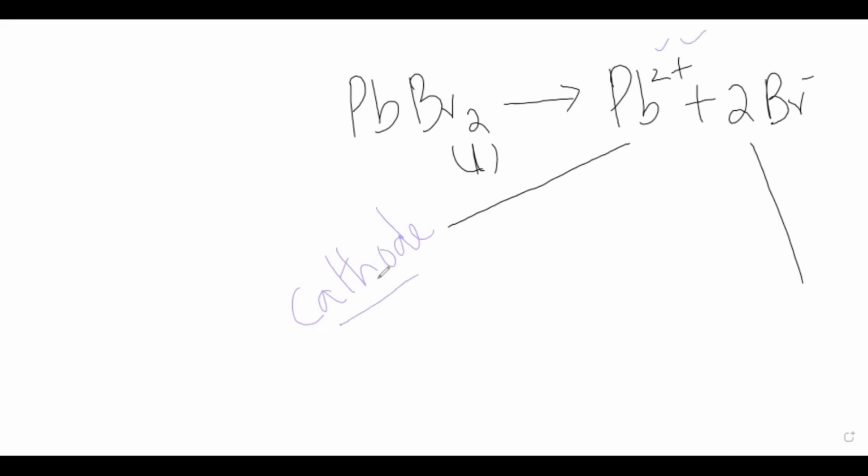Positive ions are called cations. Cations move towards the cathode. These are cations and these are anions.